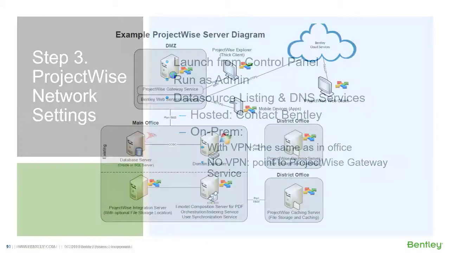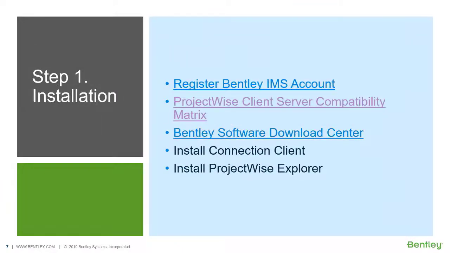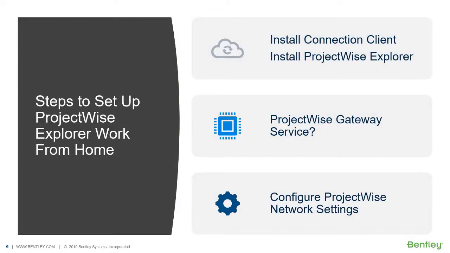Okay, before I wrap it up, I just want to very quickly come back here. Just to recap, all we need to do to set up your personal PC so you can work from home by running ProjectWise Explorer is a three-step process. First, you need to install the right version of the client.